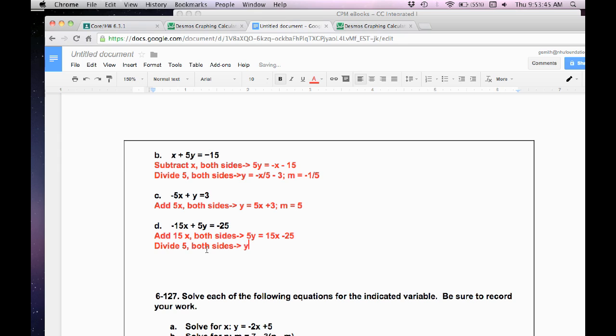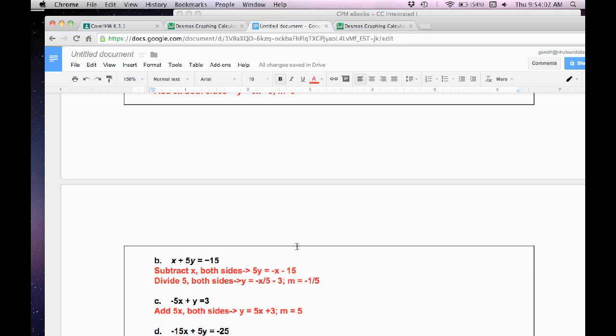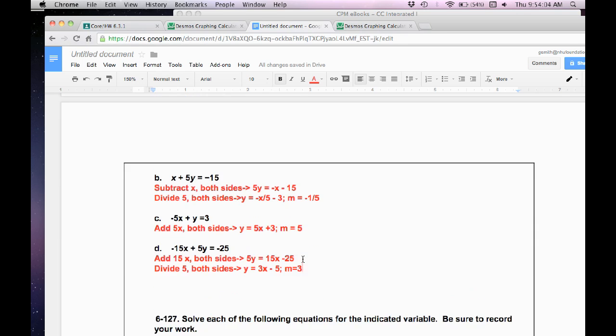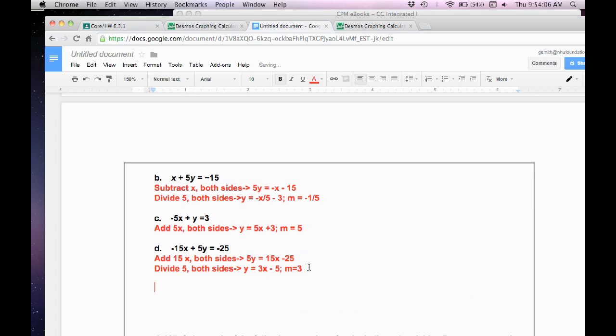We get y is equal to 15 divided by 5 is 3x, and then minus 5. And so our slope is, again, 3. So m equals 3. So where have we seen this slope? We've seen the exact same slope in A. So A and D are parallel.